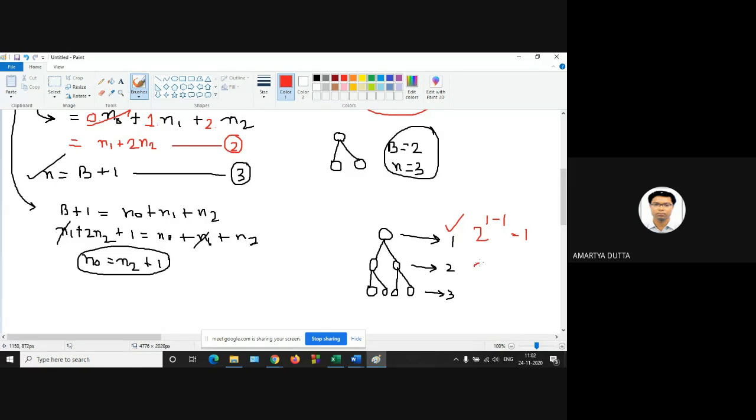At the second step, the value of I is 2. So 2 minus 1 means 1, and 2 to the power 1 means 2. This is level 3, so 2 to the power 3 minus 1, that is 2 to the power 2, that is 4.